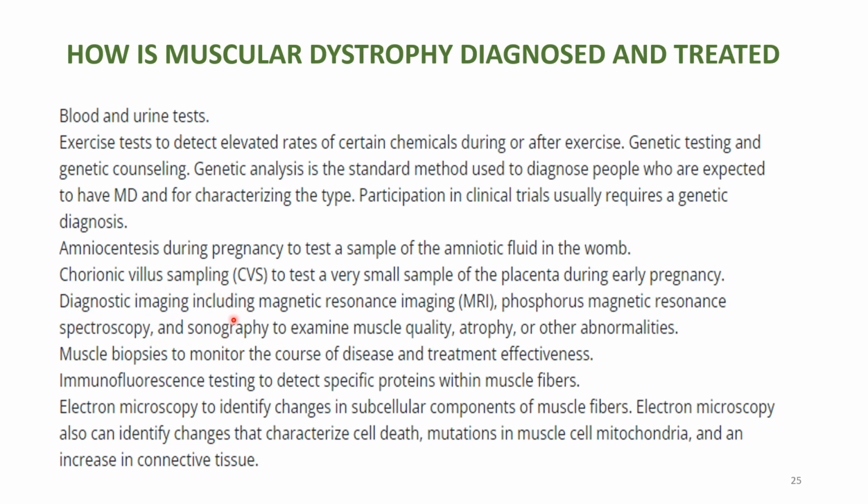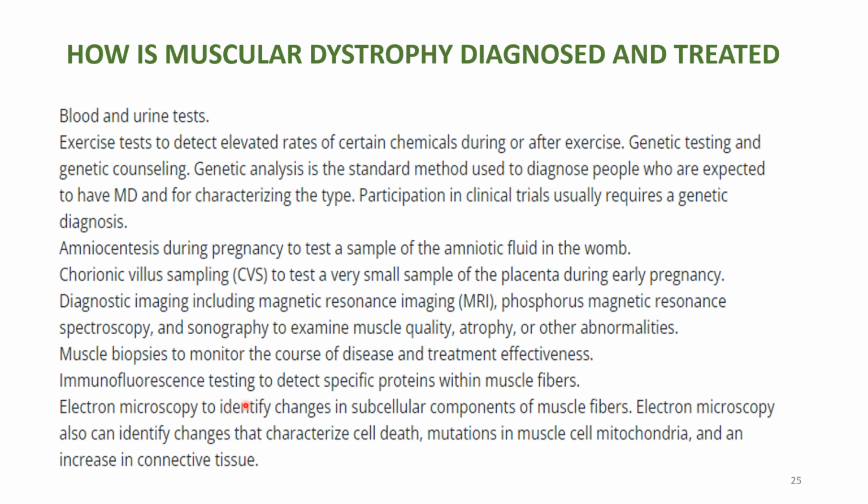Diagnostic imaging includes MRI, that is magnetic resonance imaging, phosphorus magnetic resonance spectroscopy, and sonography to examine the muscle quantity, atrophy, or other abnormalities. Muscle biopsies can also be done to monitor the course of the disease and treatment effectiveness.